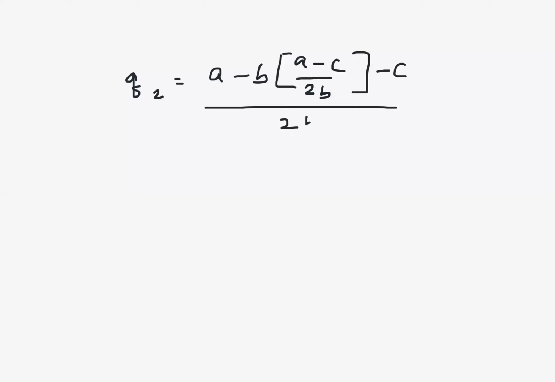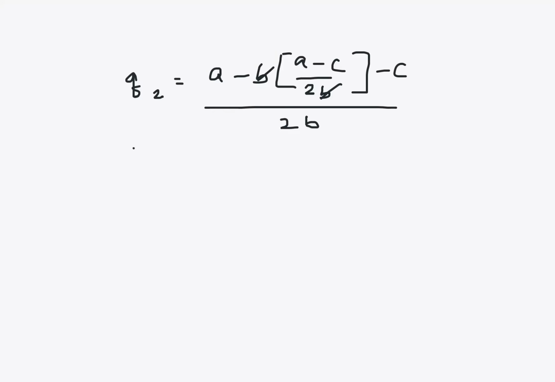So Q2 is equal to (A minus B times the value of Q1, which is (A minus C) over 2B) minus C, and everything is divided by 2B. So this B cancels out here, and that leaves us with 2A minus A. So let's write it down.